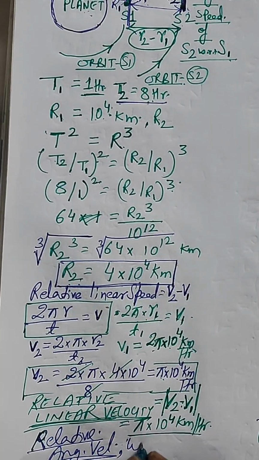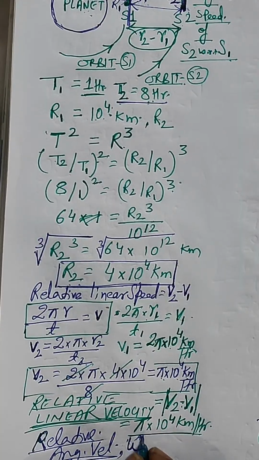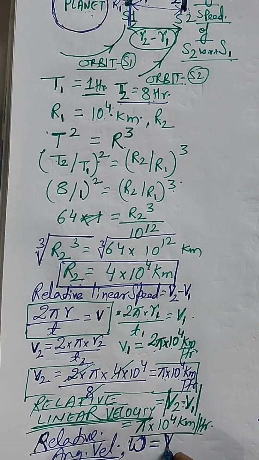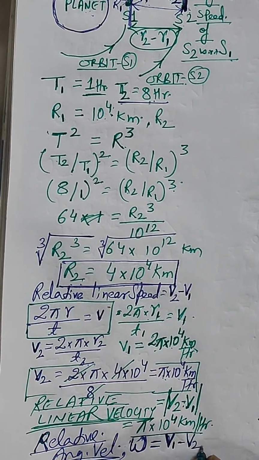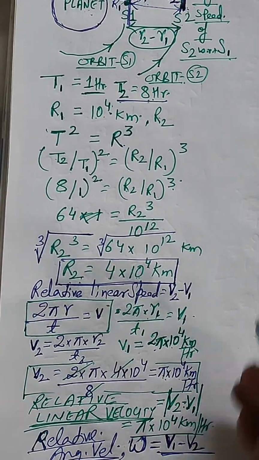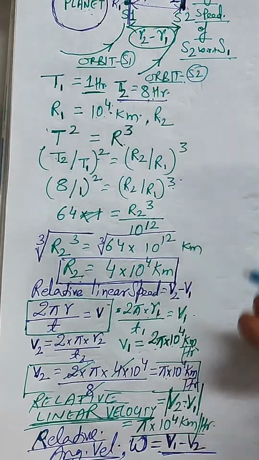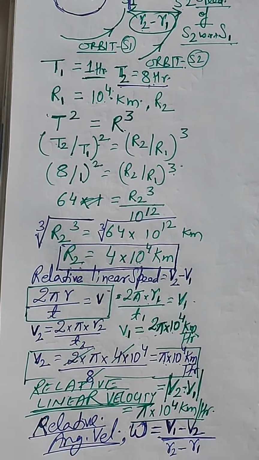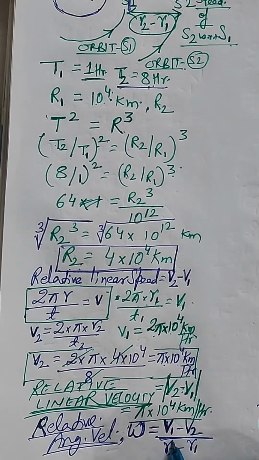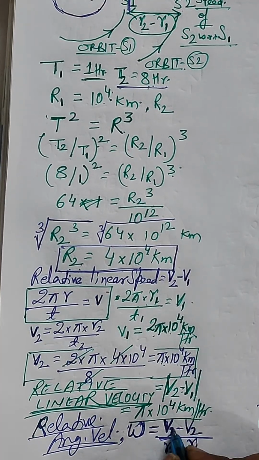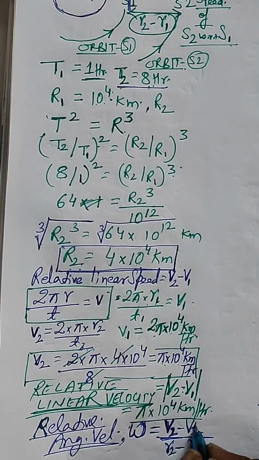If I'm writing omega as the angular velocity, then it will be equal to the magnitude of V1 minus V2 or V2 minus V1 divided by R2 minus R1. So let us take V2 minus V1 instead of V1 minus V2.